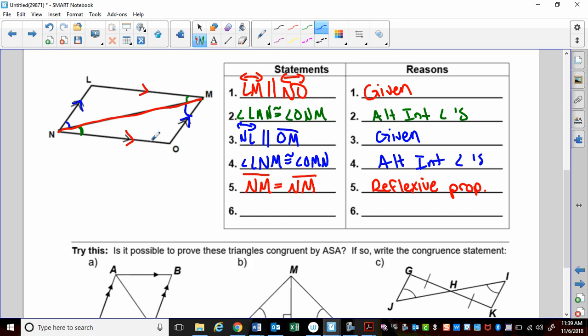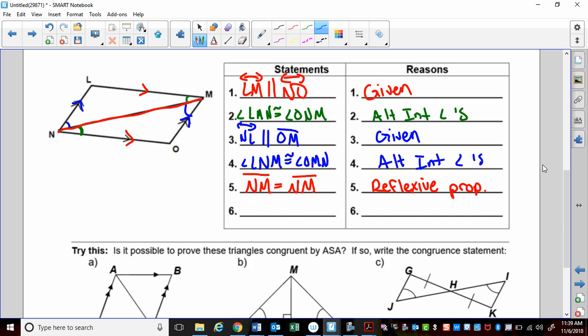Remember, we start where there's no congruencies, and I can go clockwise or counterclockwise. I'm going to cover up the top triangle with your hand. I'm going to go angle, side, angle, or I could have gone the other way. This is an angle, side, angle.